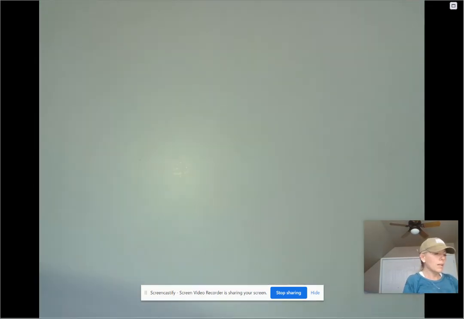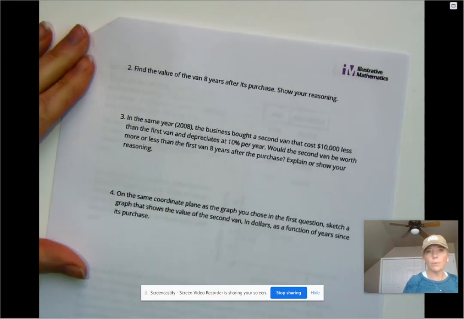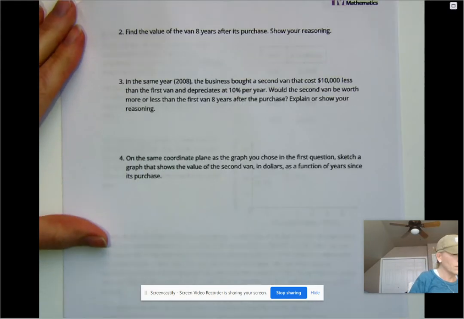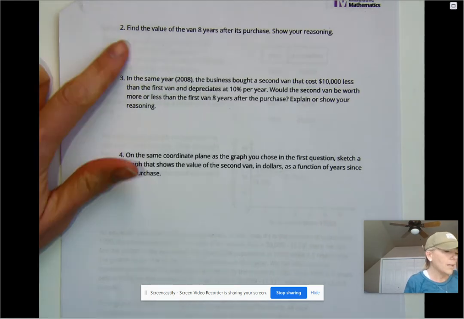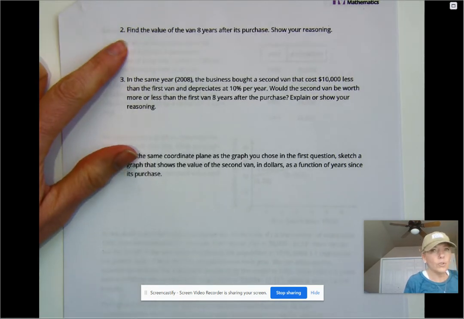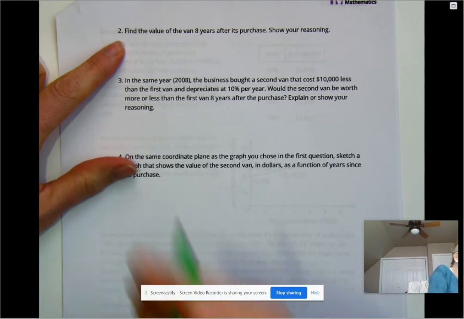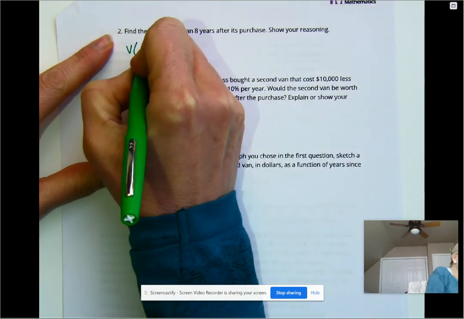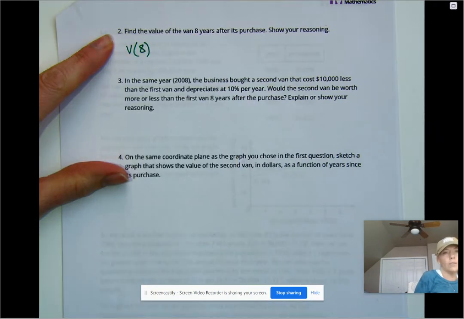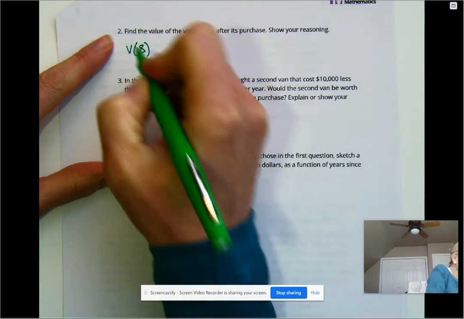Okay, so to answer the next couple of questions, I might want to write an equation. It says, find the value of the van 8 years after its purchase and show your reasoning. Okay, so 8 years after its purchase is going to be, if I use function notation, the value after 8 years.